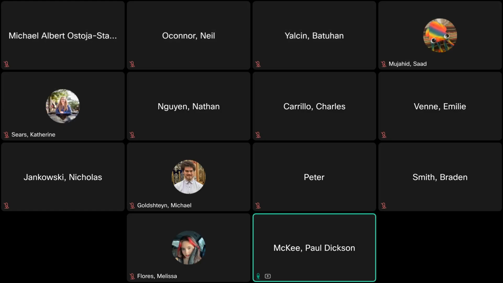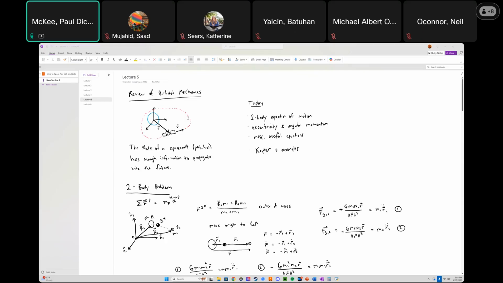As a reminder, this is a review of orbital mechanics. The main point that I wanted to make is that the state of a spacecraft has enough information to propagate itself forward into the future. And I use the metaphor of a seed, right? An acorn has all the information about a tree, but you still need water and sunlight and nutrients and all that.